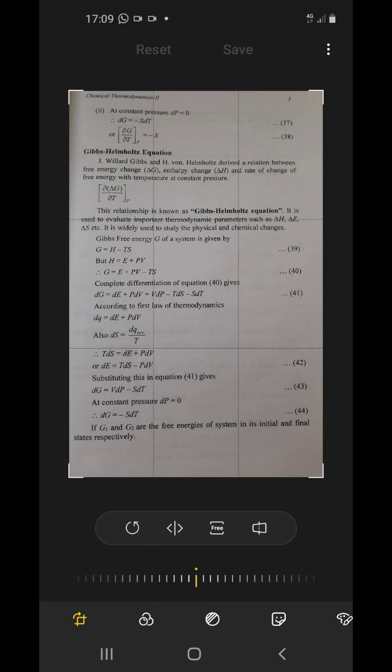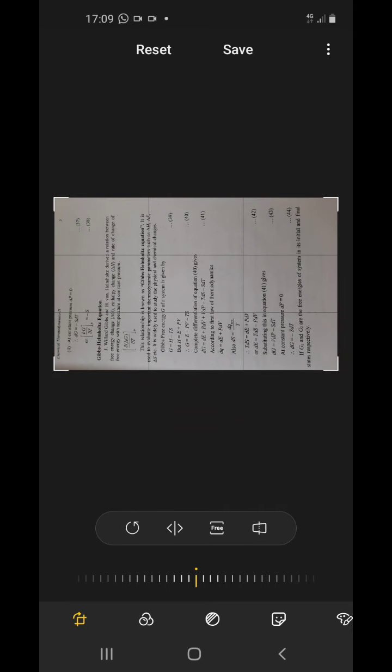that Gibbs free energy is related to change in enthalpy.